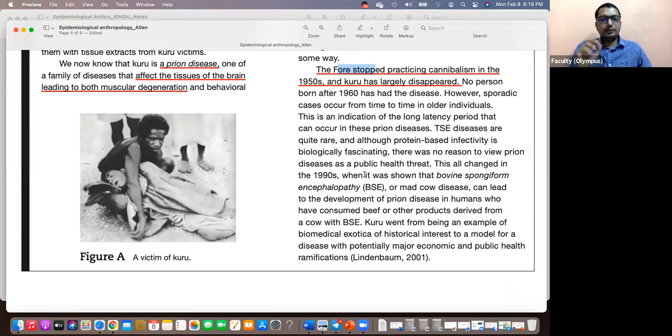Later, we have not seen Kuru as such, rarely in some elderly people, but other similar prion diseases have shown up in people. I think in the 1990s, the bovine form, called bovine spongiform encephalopathy or mad cow disease, another type of prion disease, appeared. People who consumed beef from infected animals started getting mad cow disease.